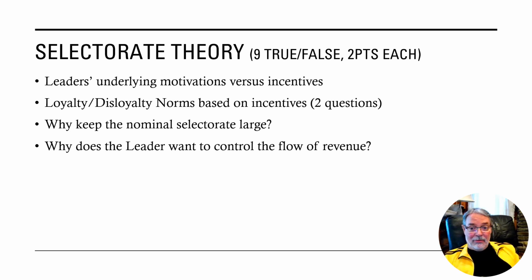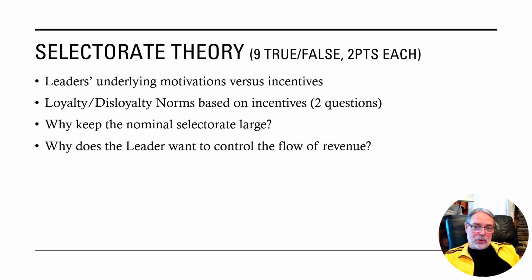Selectorate theory comes down no, because their leaders want to control the flow to give private benefits, not to make the economy better. Now, in a large coalition regime, leaders do want to make the economy better. They have an incentive because of the disloyalty norm that everyone's following their supporters. In a large coalition regime, they need to perform well.